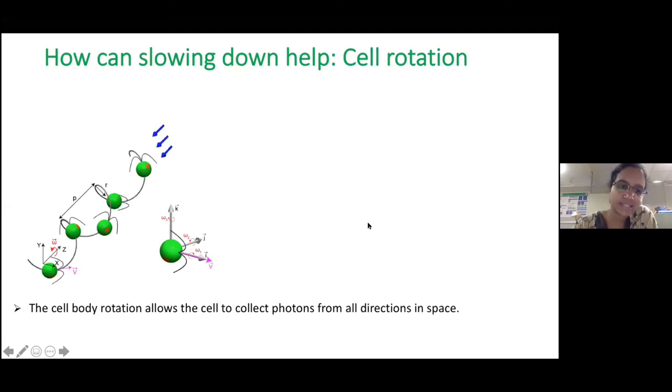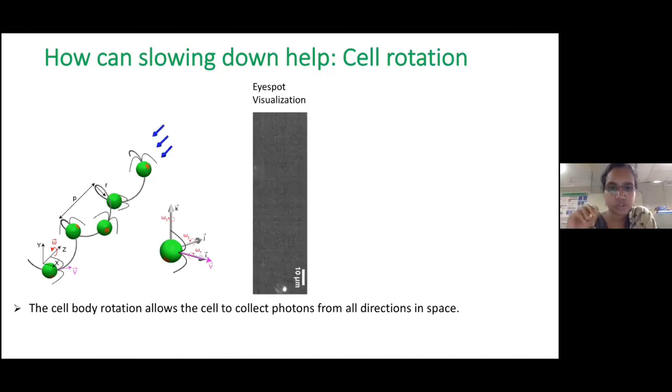These cells have a single eye spot, which has multiple photoreceptors within it. The cell swims in a helical trajectory while the cell body undergoes rotation about its own axis. So essentially the antenna is able to scan the space in 3 dimensions and determine where the light is incident.